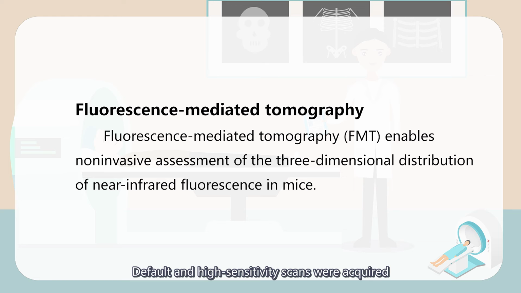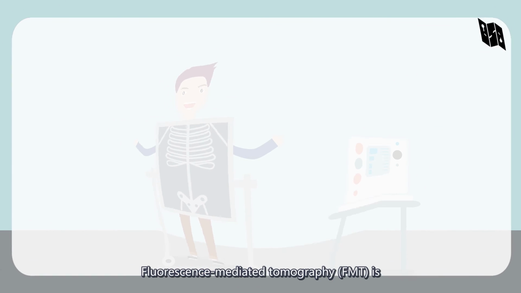Default and high sensitivity scans were acquired, and background signal was analyzed for 3 FMT channels. Analysis was performed for the original and an improved FMT reconstruction using the µCT data.